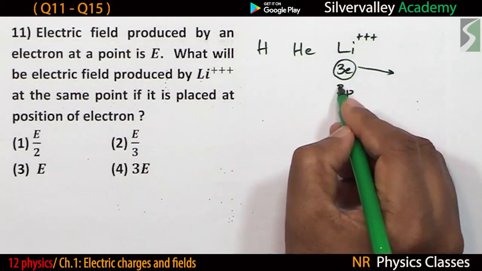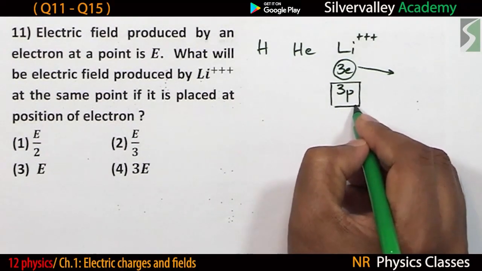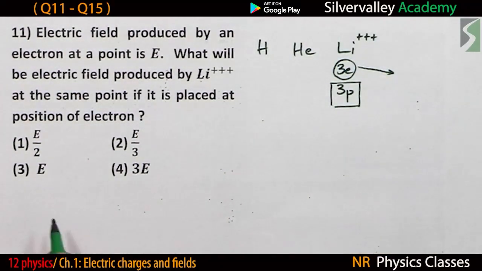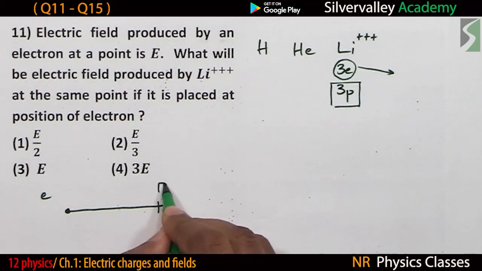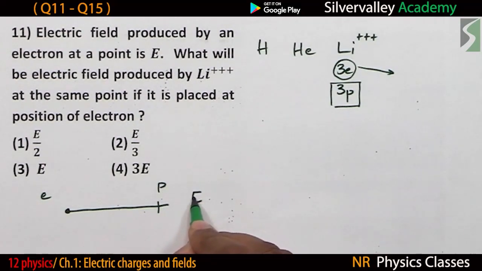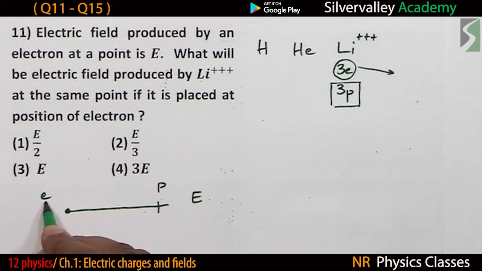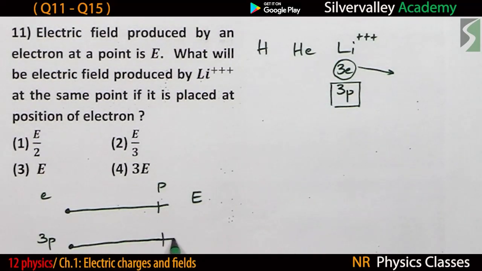So lithium has only 3 protons, isn't it? Now this is the electron, point P, electric field is E. If the electron is replaced by 3 protons, then the electric field at the same point will be 3 times E. Because of one charge E, because of 3 charges 3E.